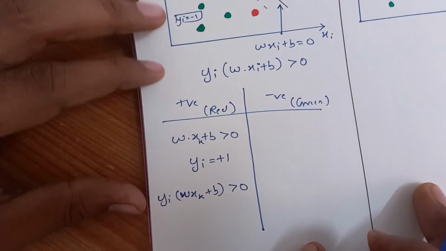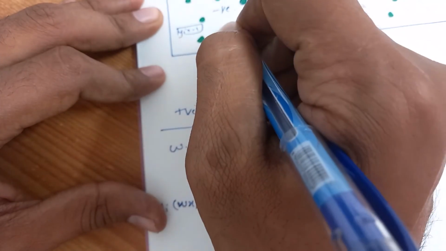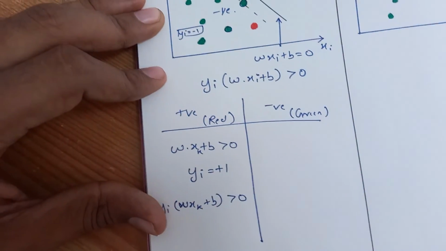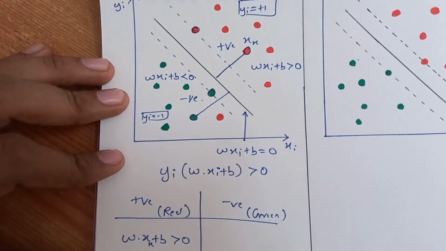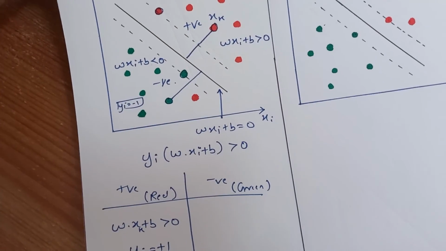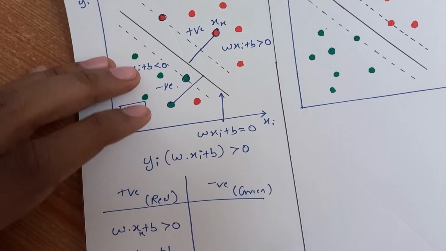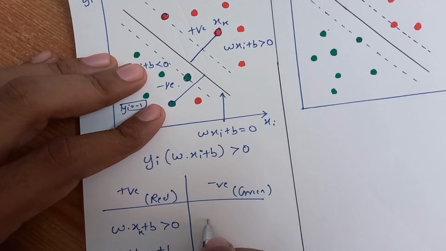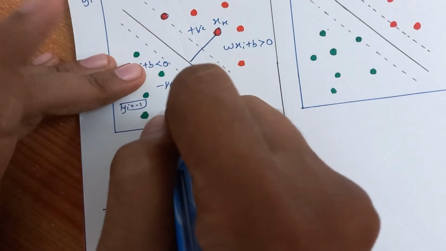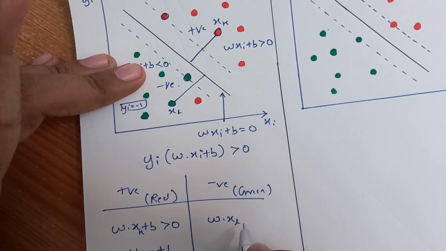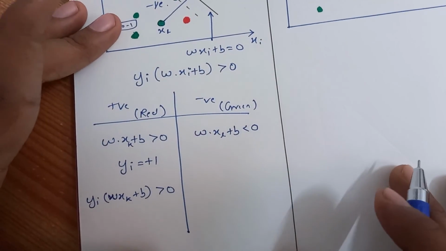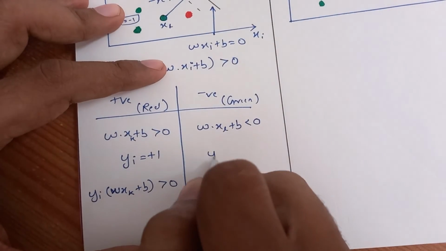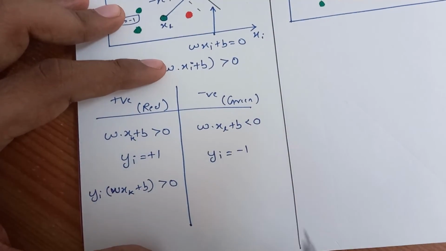Okay, now look at the negative side. Consider this point. If I calculate the distance of this particular point to the hyperplane, the distance will be negative, which is less than 0. So let's denote it by xl. So w dot xl plus b will be less than 0. Then the output also says minus 1.